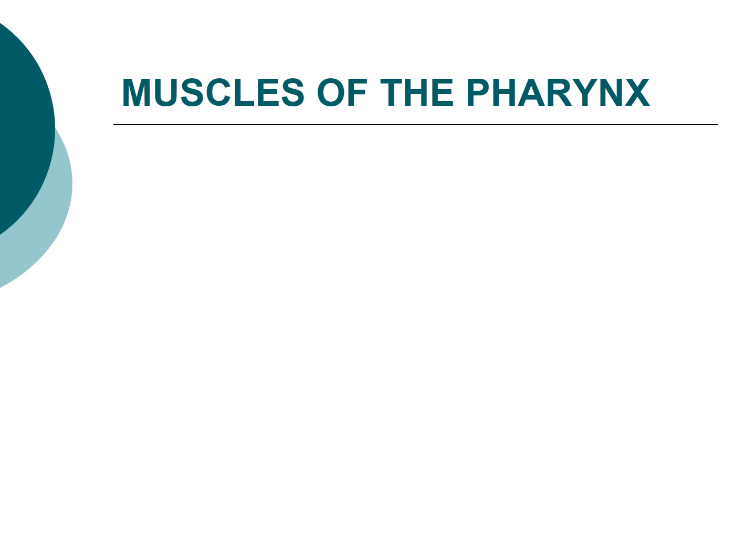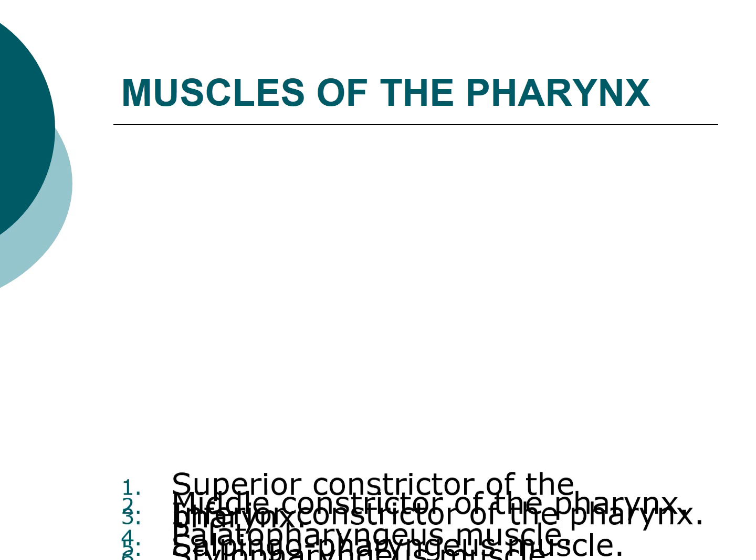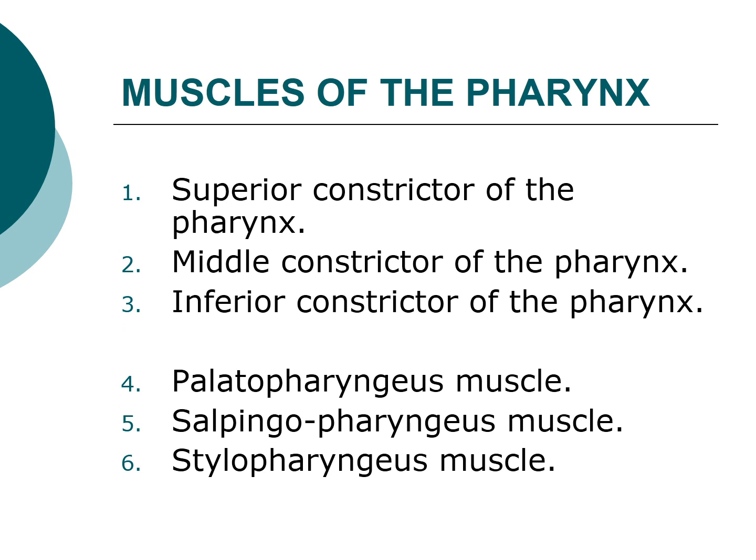What are the muscles forming the pharynx? Actually, we have 6 muscles. We divide them. The first group, 3 muscles, are circular muscles. The last 3 are longitudinal muscles.